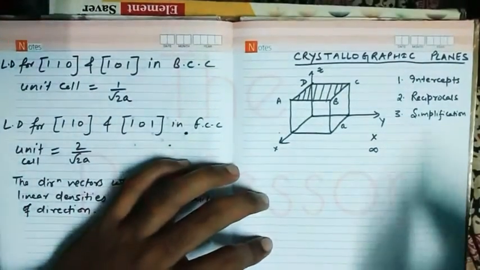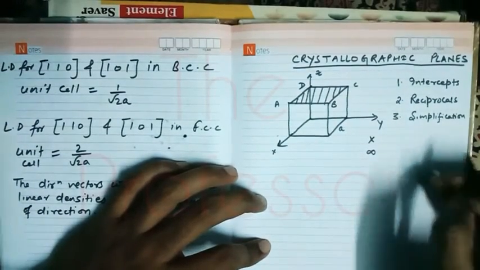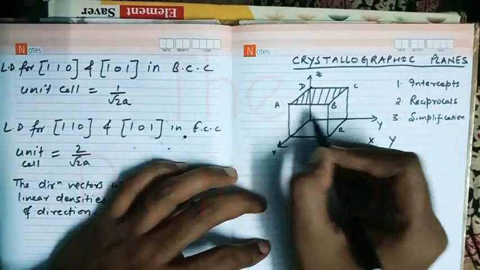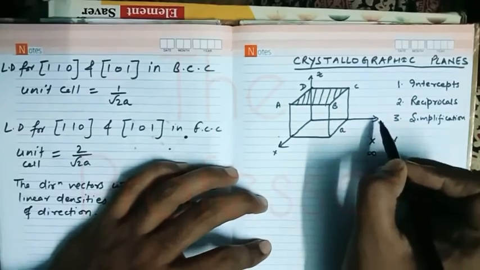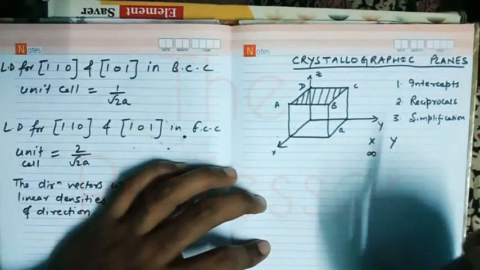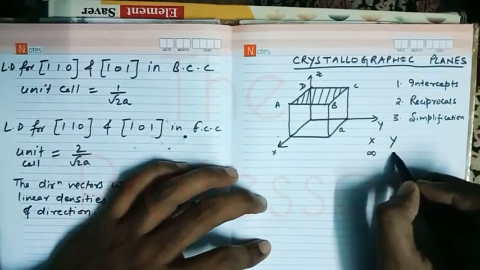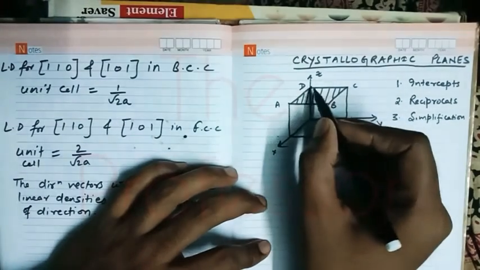Now, what is the intercept made by this plane on the y-axis? You will see that this plane is also parallel to the y-axis. It is not making any intercept on the y-axis. That is, it is going to meet the y-axis at infinity. So its intercept on the y-axis is also infinite. Now, this plane is intersecting the z-axis.